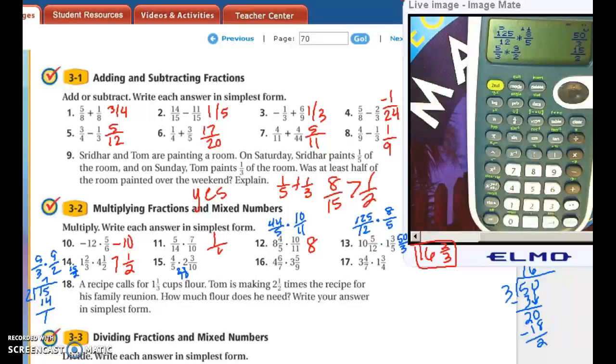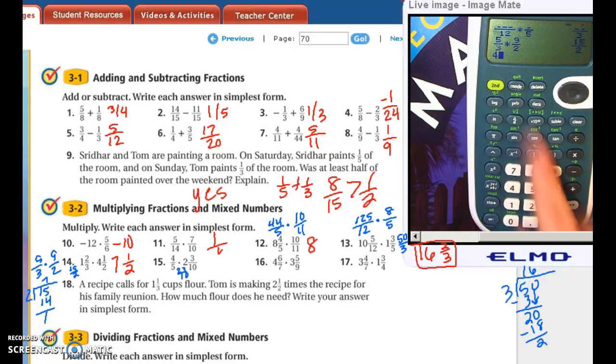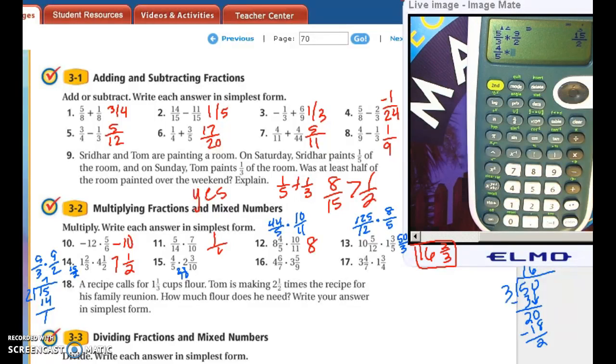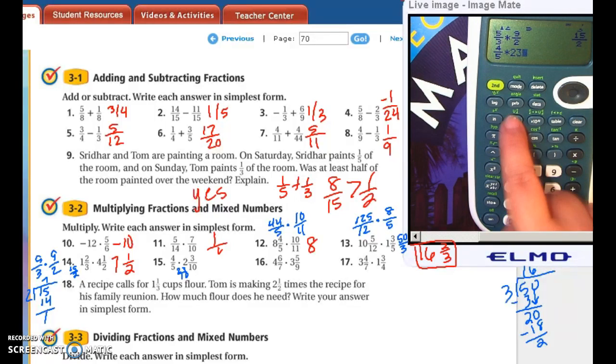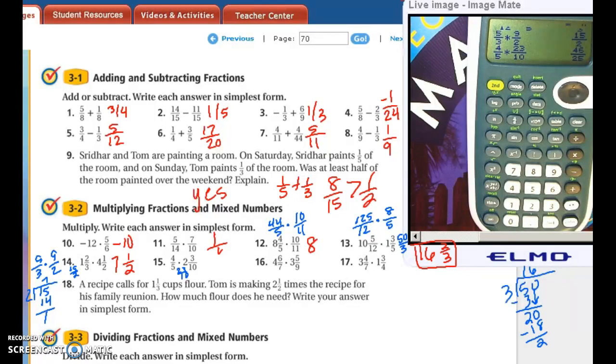And then we multiply 4/5 times 23 over 10 is 46 over 25. 25 will go into 46 one time with 21 left over. 1 and 21 over 25.